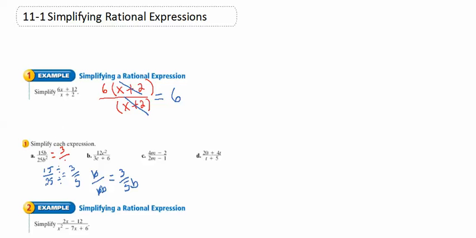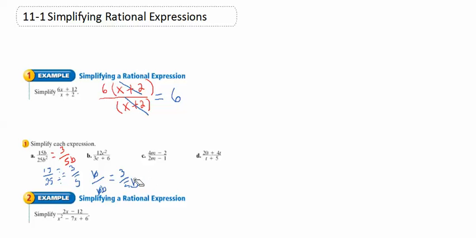3 over 5b. Okay, now I'm going to erase that work that I just did there. Now I'm going to look at letter B. And letter B, I have 12c to the second, and then I have 3c plus 6. Okay, nothing at the top to take out, so I'm going to keep my 12c to the second at the top here.